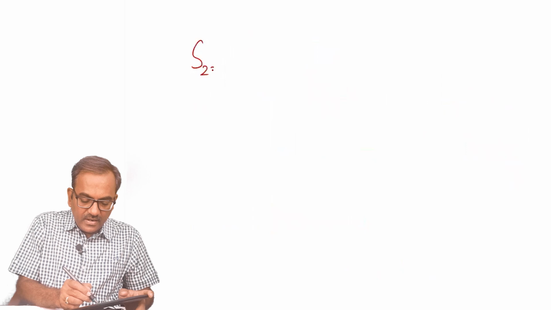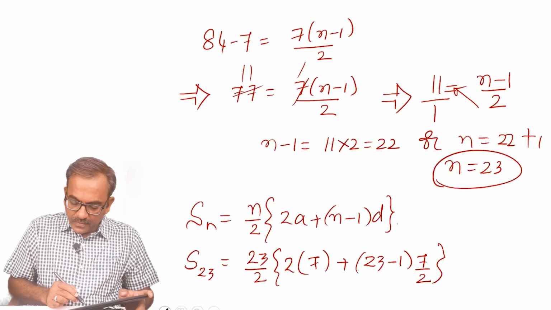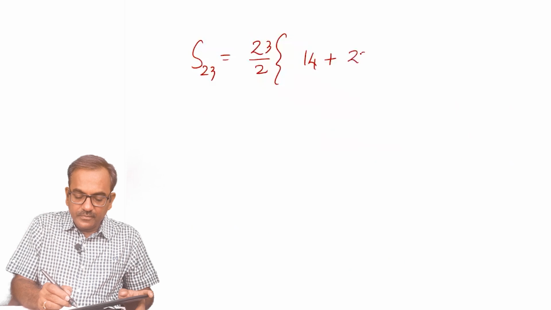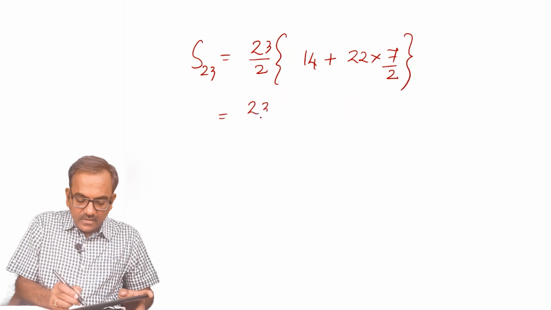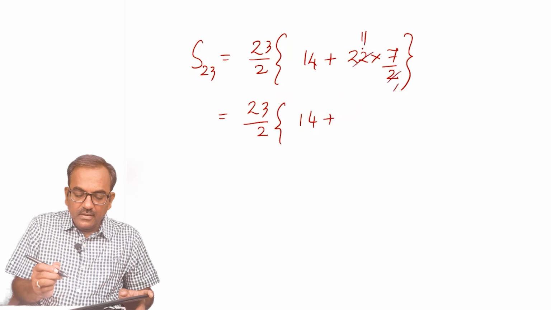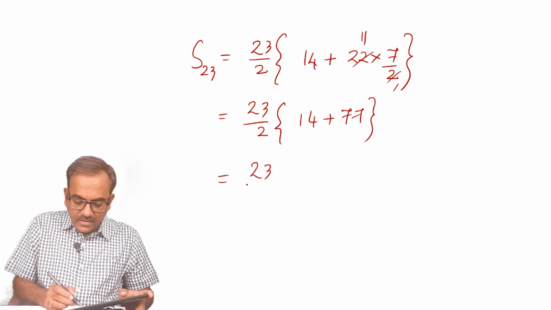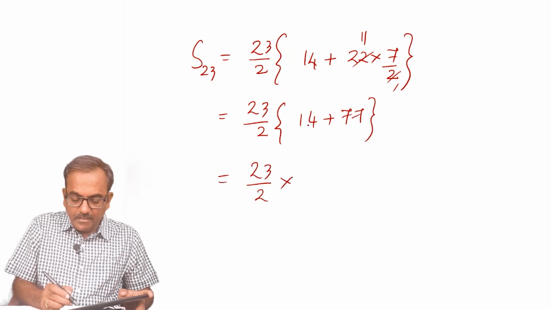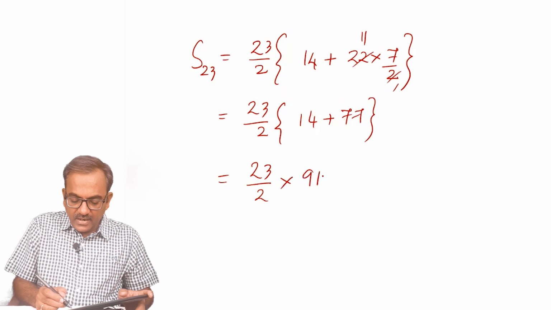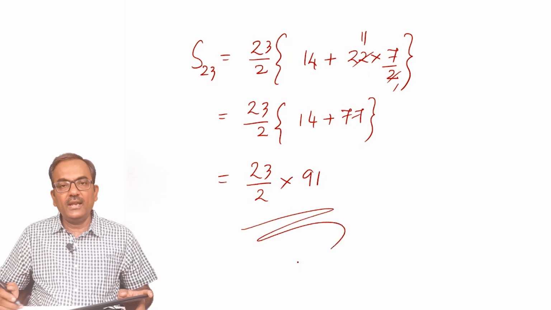So S23 is equal to 23 by 2 into 14 plus 22 into 7 by 2. So this is 23 by 2 into 14 plus 11 sevens, which are 77. So this is 23 by 2 into 77 plus 14, that is 91. So this is the final answer.